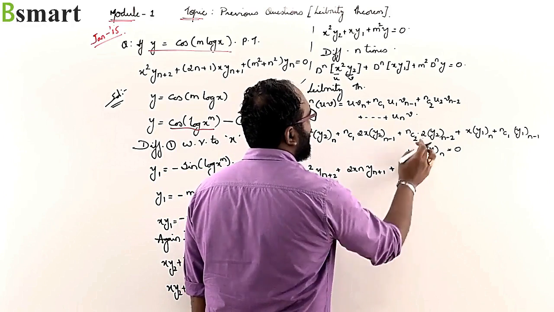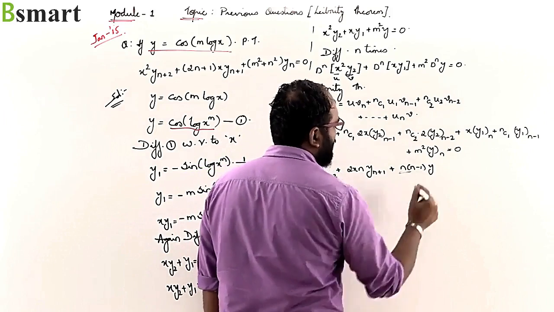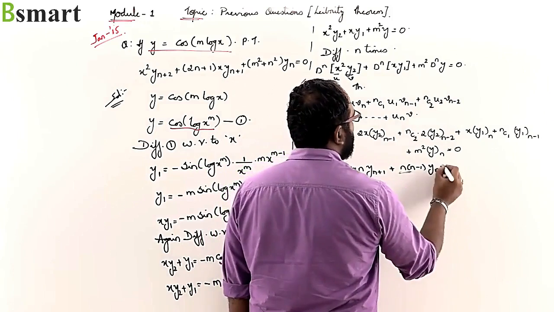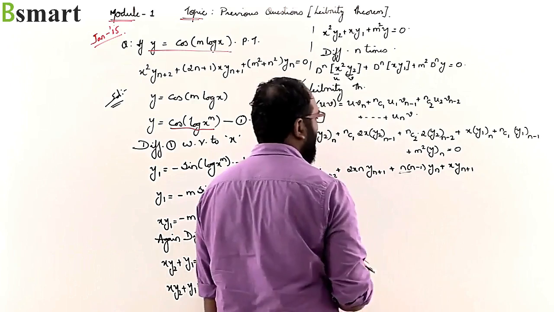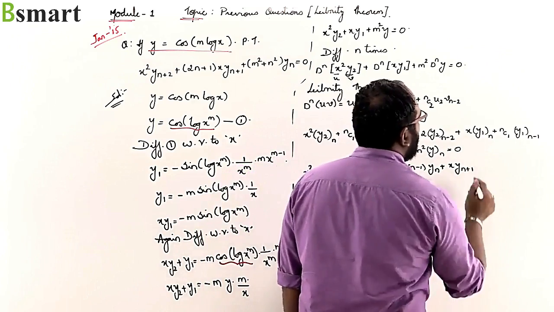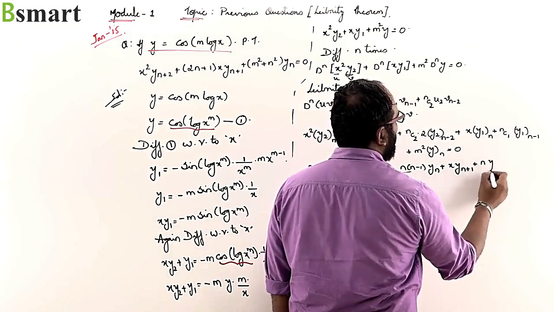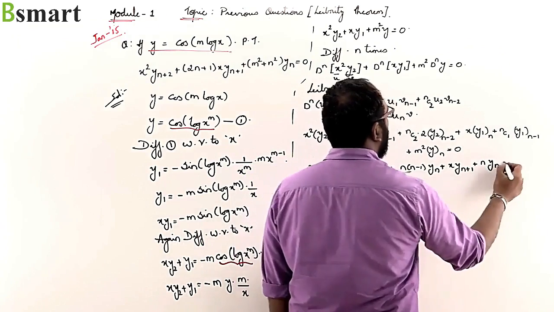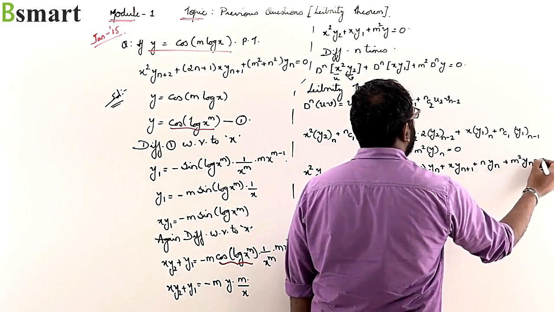So 2 and 2 will get cancelled. y2 of n minus 2 is yn plus x into yn plus 1. And again from this that will be plus n into y1 of n minus 1 derivative is yn plus m square into yn is equals to 0.